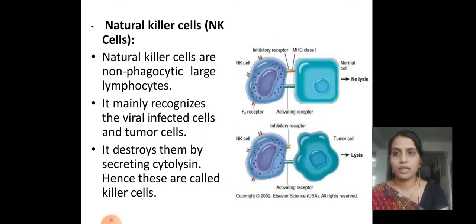Second is natural killer cells. They are also called NK cells. These natural killer cells are non-phagocytic large lymphocytes. Non-phagocytic means they do not cause harm directly to the pathogen by engulfing it or taking it inside the body, but they have the ability to check self and non-self cells, or harmful and healthy cells.